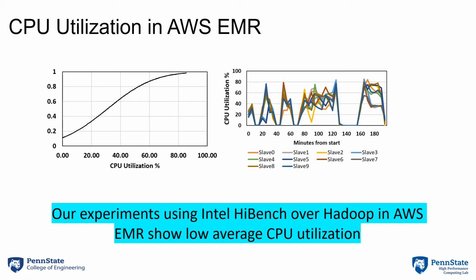On the right hand side, we plot a timeline of CPU utilization, and we see that the CPU utilization fluctuates a lot. However, a tenant will not be able to provision a node with smaller CPU capacity because of peaks in CPU utilization, as shown in the figure on the right.